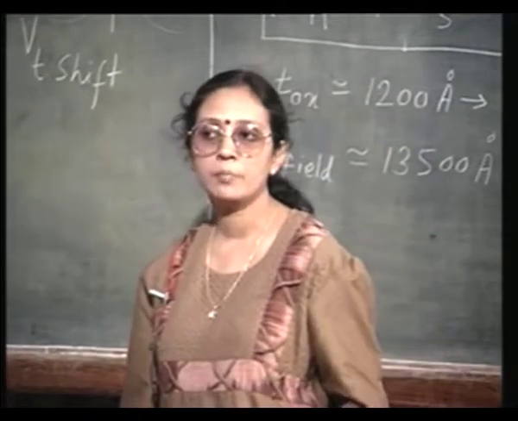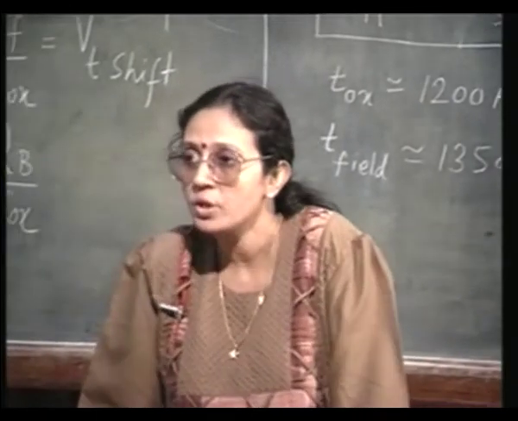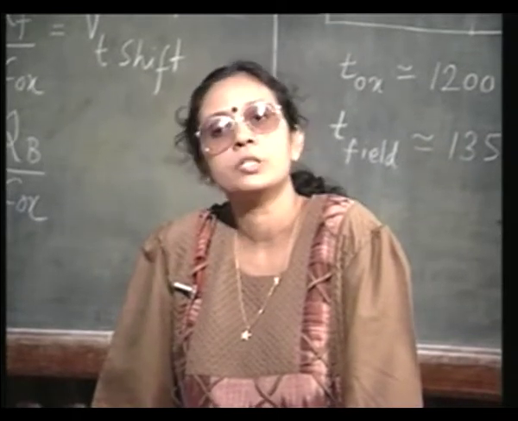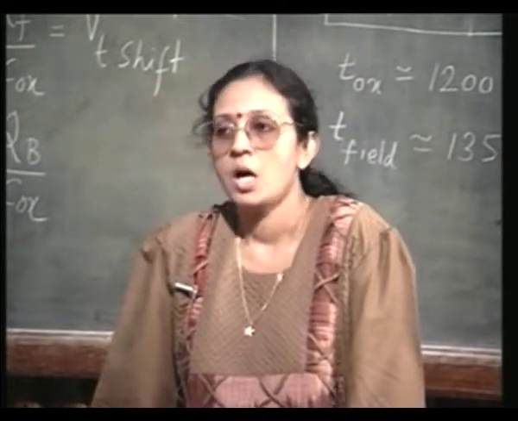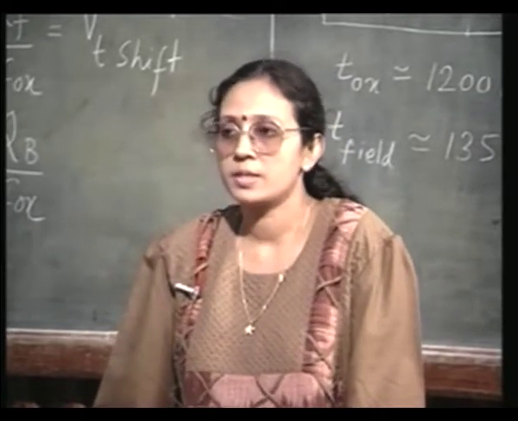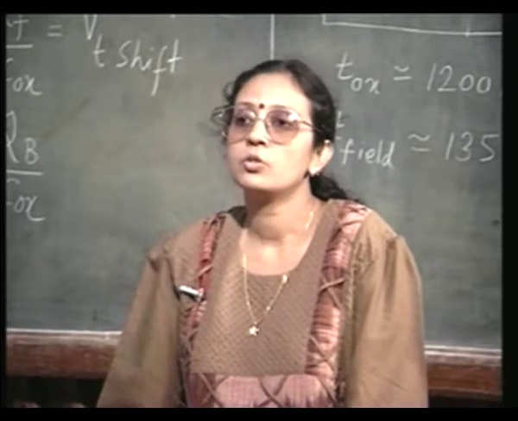So, one major problem of NMOS technology was sorted out by ion implantation, that is by using threshold tailoring implant. Then as the device dimensions became smaller and smaller, the other problem began to be dominant.